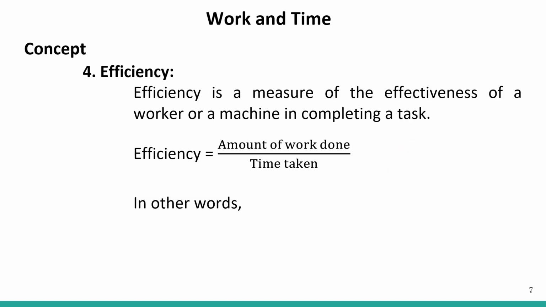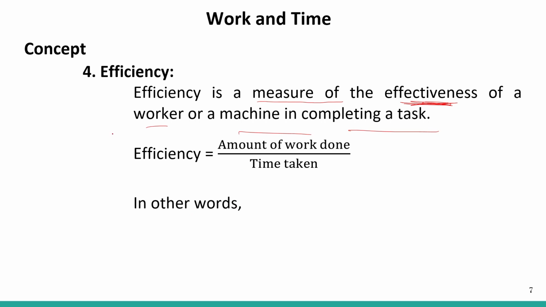So let's see what efficiency means. Efficiency is a measure of effectiveness of a worker or a machine in completing a task, so how effectively he completes a task. Efficiency is equal to amount of work done by time taken.